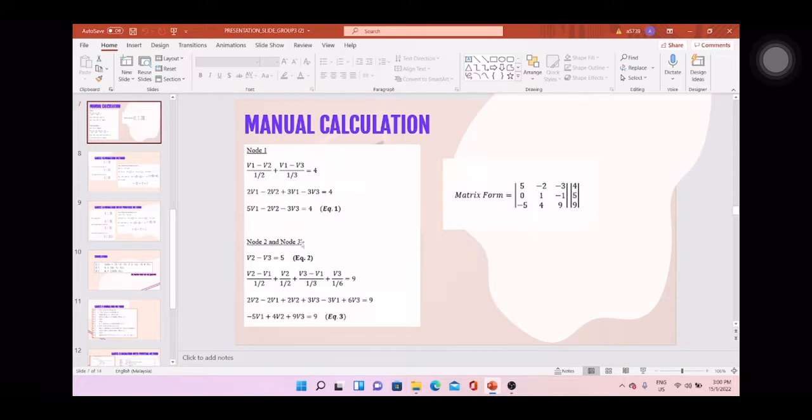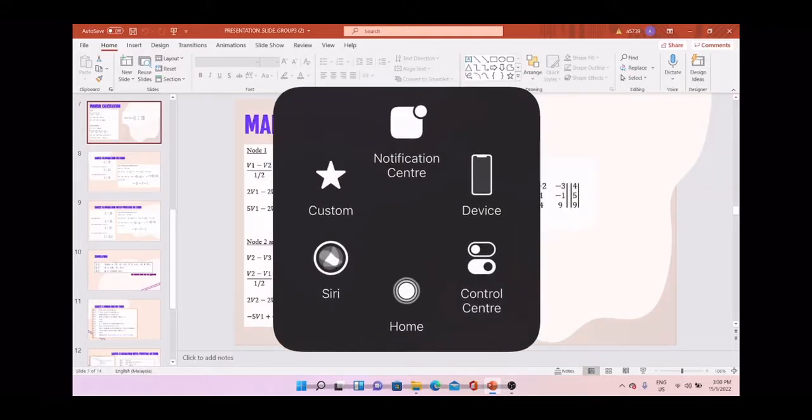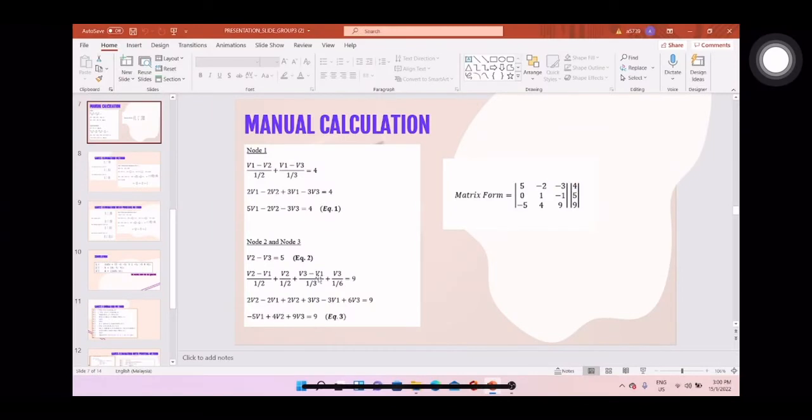For node 2 and node 3, V2 minus V3 equals 5. This is our equation 2. Then (V2 minus V1) over 1/2 plus V2 over 1/2 plus (V3 minus V1) over 1/3 plus V3 over 1/6 equals 9. So 2V2 minus 2V1 plus 2V2 plus 3V3 minus 3V1 plus 6V3 equals 9, which gives negative 5V1 plus 4V2 plus 9V3 equals 9.